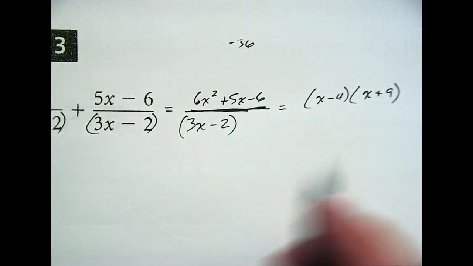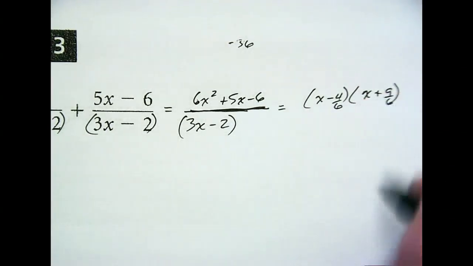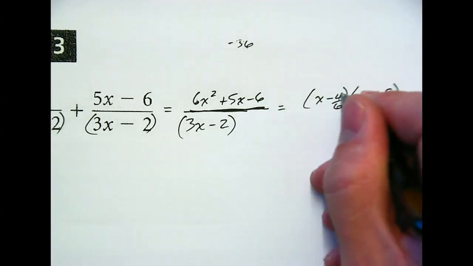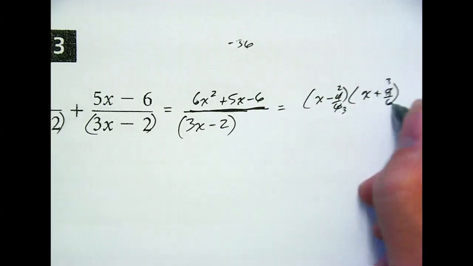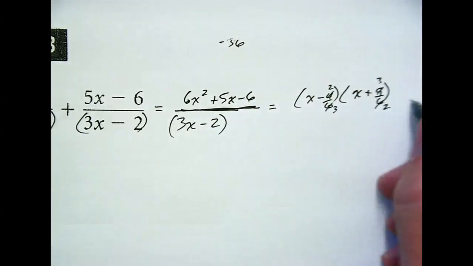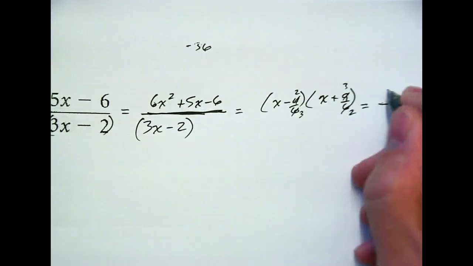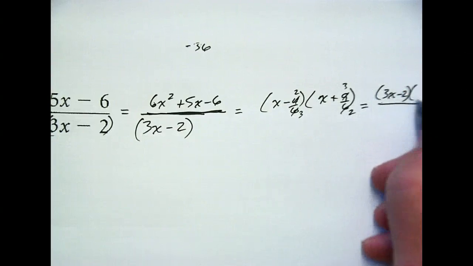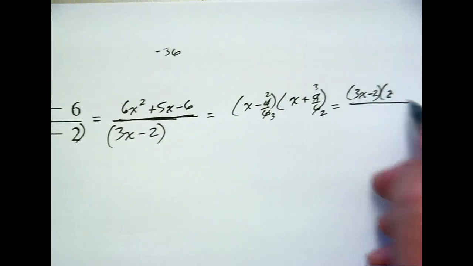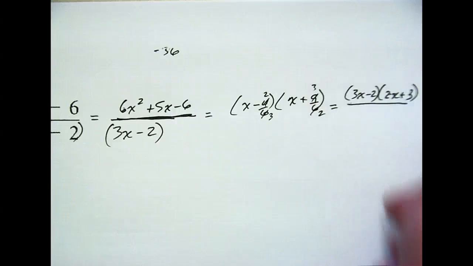And then what do we have to do? Divide by 6 and reduce it. So that actually becomes 3x minus 2 and 2x plus 3, which is what I got.